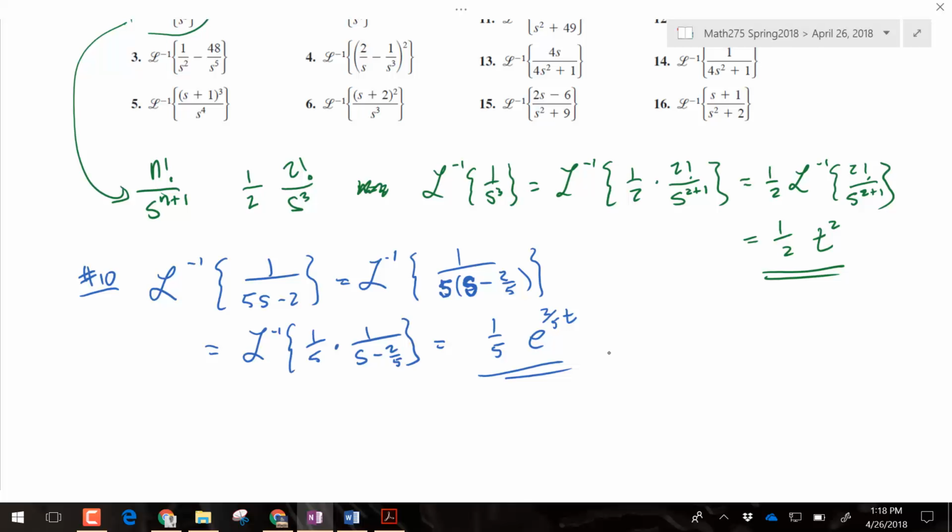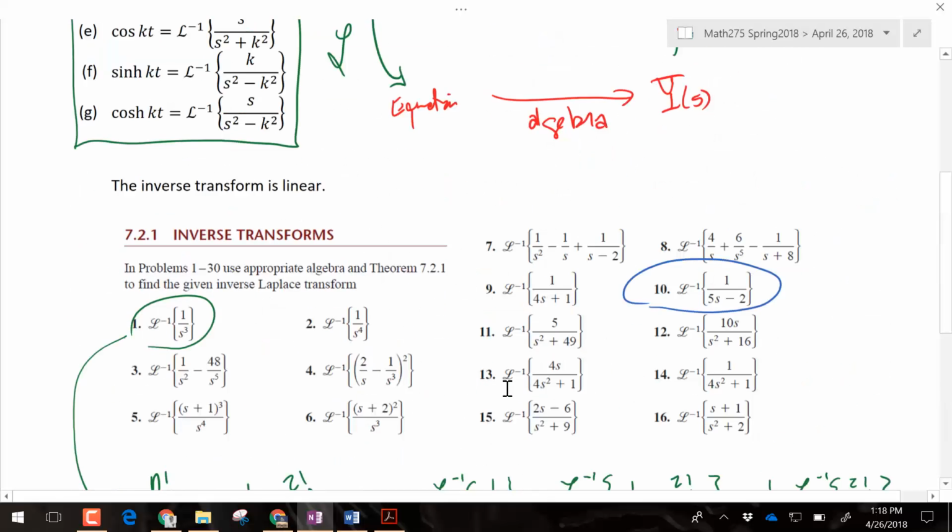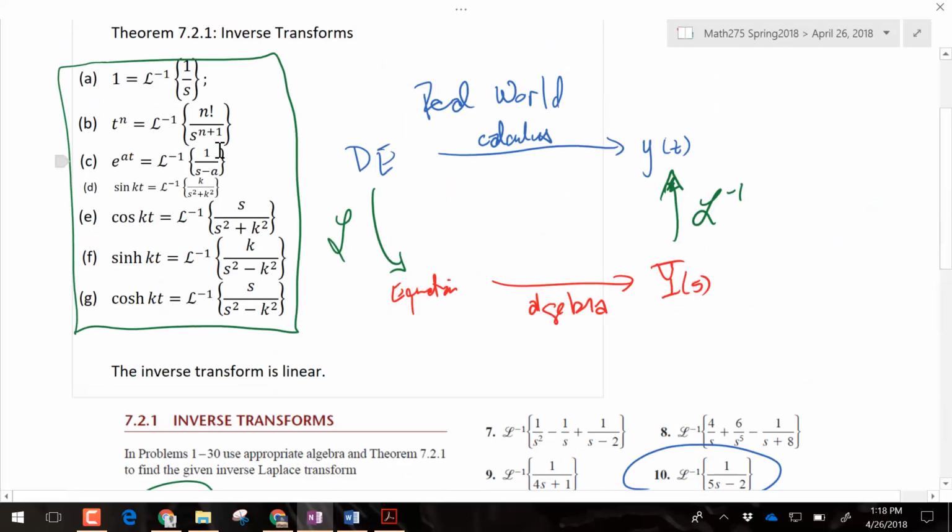Manipulating it with some algebra to make it look like whatever you need it to look like. You need to make it look like one of these 7 functions. Actually, the sinh and the cosh, if you factor out the s squared minus k squared, it's like s minus k times s plus k.